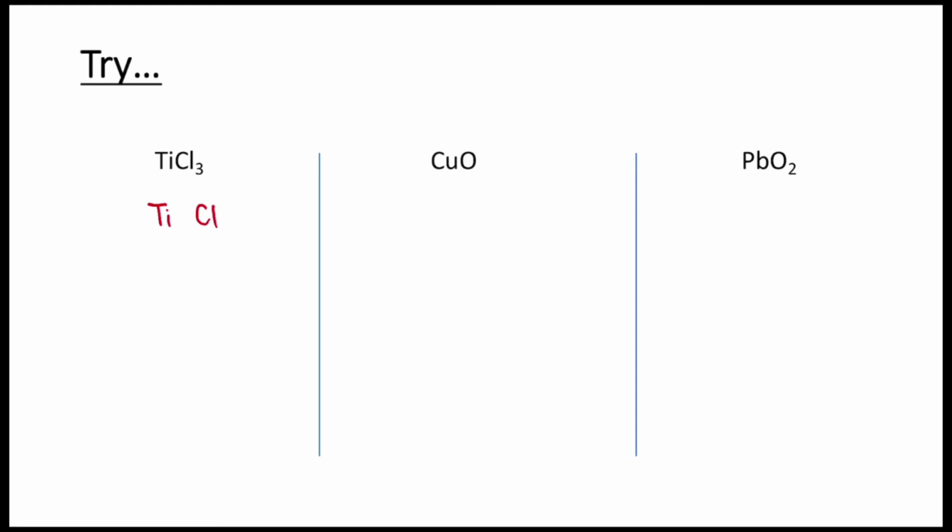Then I'm going to take the invisible 1, it comes over here as a minus, and the 3 comes over to the metal and becomes a 3 plus. Check the periodic table to confirm that chlorine has a -1 charge, which it does. So this then becomes titanium(III) chloride, because of the 3 plus charge.